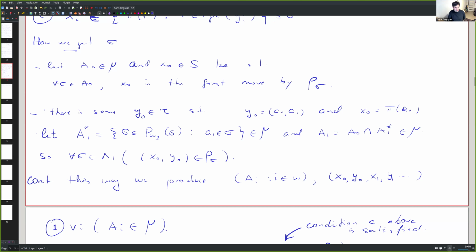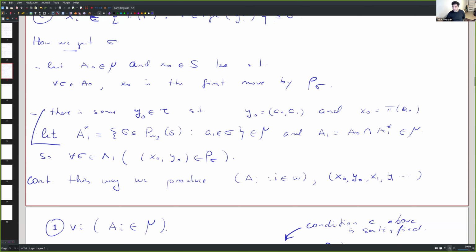Can you comment on how you use fineness here? Because I think I don't. We know the measure is fine. So I know that there is some y0, right? But it doesn't matter which y0 you pick, because if you look at the coordinate a1, that set will be measure 1 anyway.